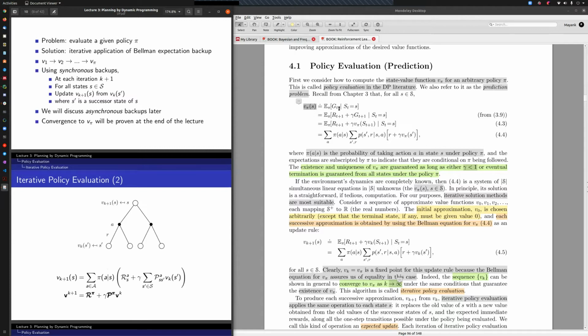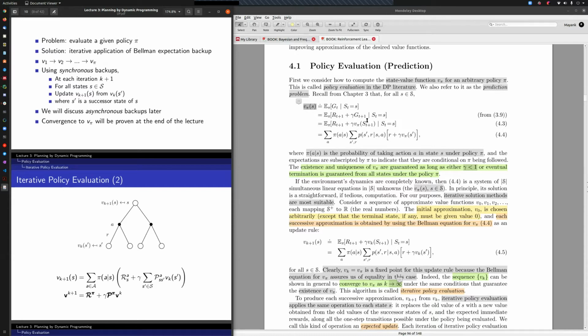This is defined as the expectation of the policy over these terms, the return conditioned on the state, which can be expanded as this.